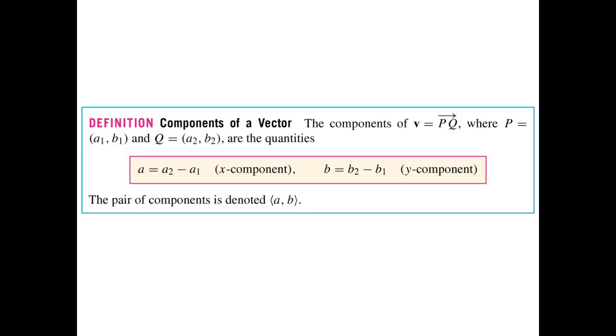Okay? The pair of the components is denoted by, and notice the difference here. Points are enclosed by parentheses. These are coordinates of a point. These are components of a vector. Those brackets are slightly angled. I call them angle brackets.